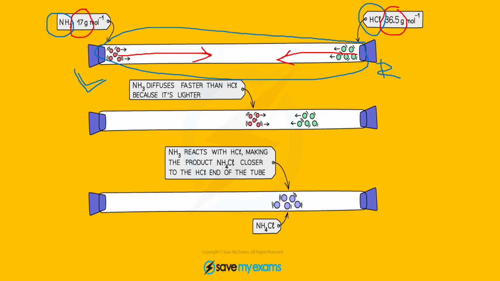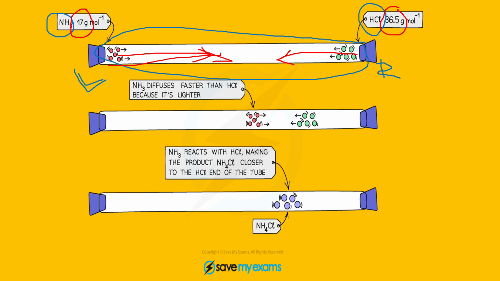Now, keep in mind, children, the masses of ammonia and hydrochloric acid. Ammonia is lighter. Hydrochloric acid is heavier. Who will run fast? Yes, very good. Ammonia will run faster. It will run at a faster speed as compared to hydrochloric acid.